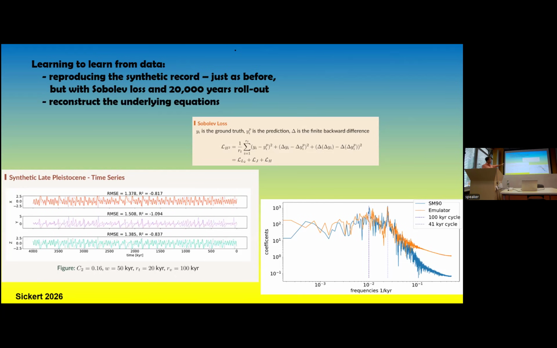To make the learning procedure robust, you add noise in the learning process. If you don't do this, you will not be able to reproduce these time series and they will collapse. There's a whole literature on how to build emulators of dynamical systems. These are two of the key steps, but again, adding noise to the system helps to make it more robust.